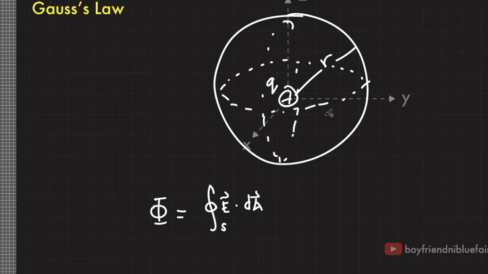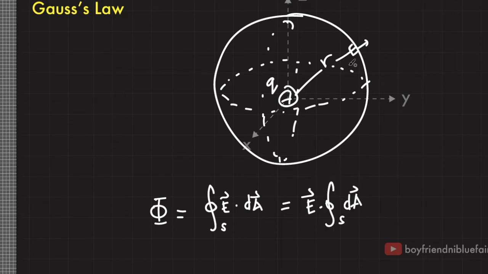If this is just a simple closed curve like this, then we replace S with C to designate it as a closed curve. Now obviously, each dA here on the surface has a direction that points radially outward, the same as the electric field lines coming from the positive charge. So basically, each infinitesimal element of the spherical surface experiences a uniform electric field coming from the positive charge. So I can technically put this electric field outside the integral sign because it is uniform throughout the entire spherical surface.